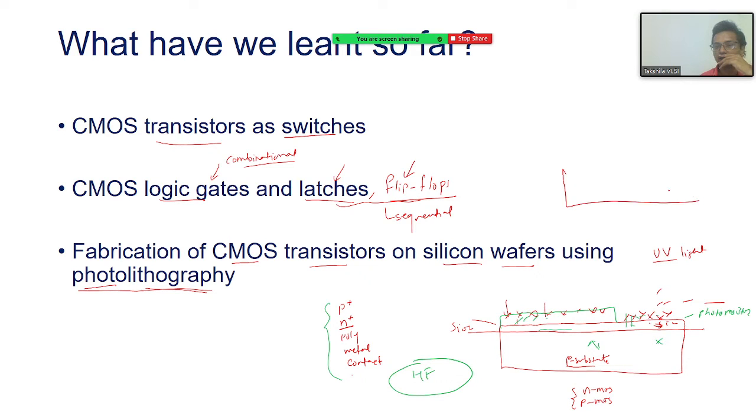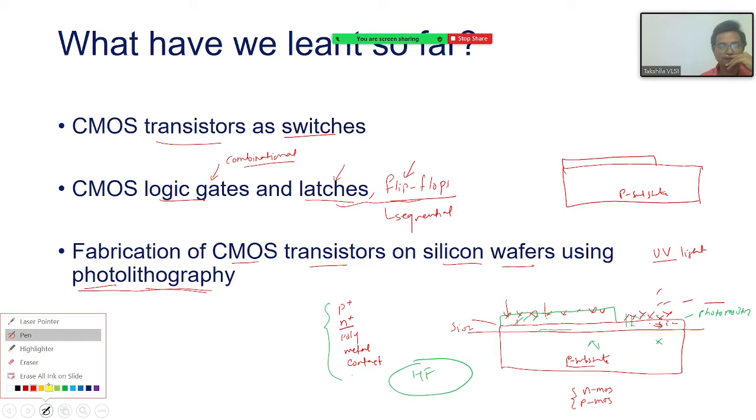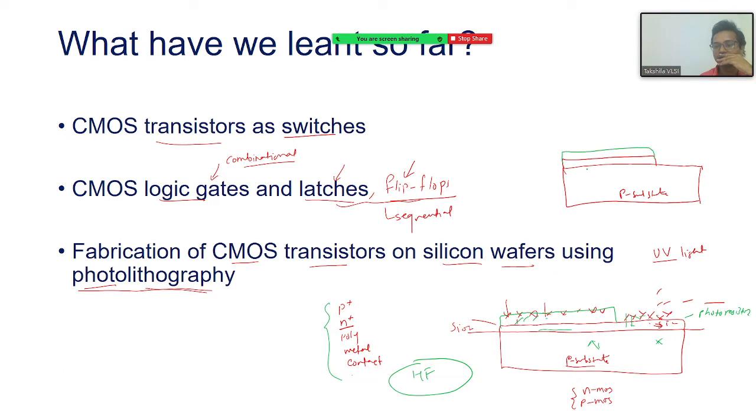It looks like this: p-type substrate again, and then I have this, and the oxide will remain because the photoresist is still there, the oxide in this region, but here the oxide is gone because of the hydrofluoric etching. So you see now this is SiO2 and this is my photoresist, and here oxide is gone.